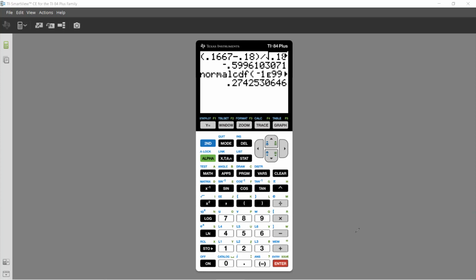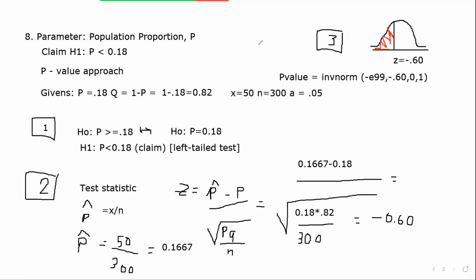So let me fix this part. My p-value is normal CDF. So this is p-value is equal to, oh yeah. Also, I know we're out of time, but I found another question that wasn't on the email. Okay, I have a minute.